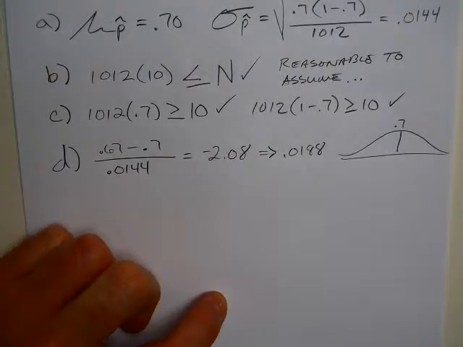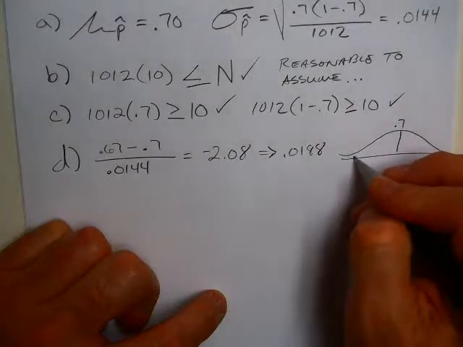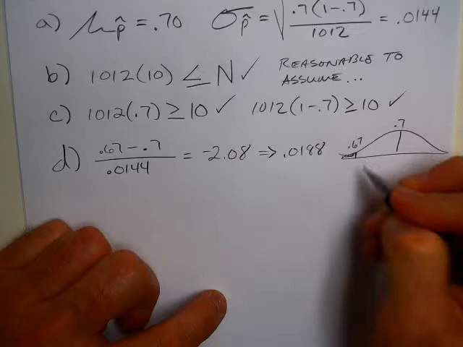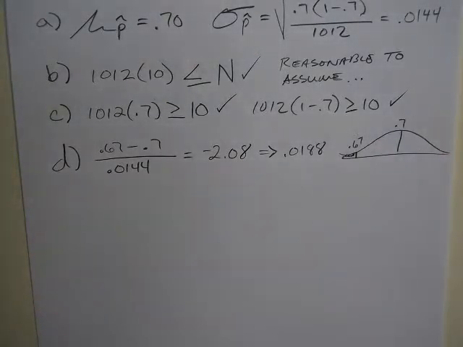It's the middle. 0.67 is way over here, where I only have about 2% of the curve shaded, less than that.